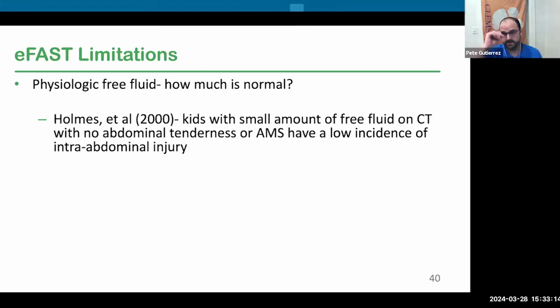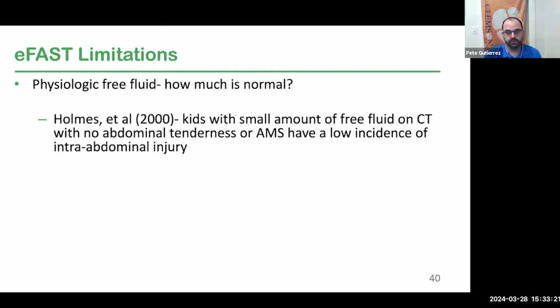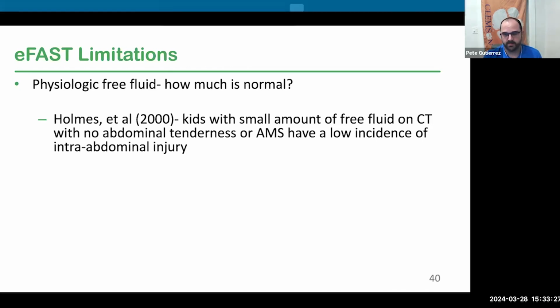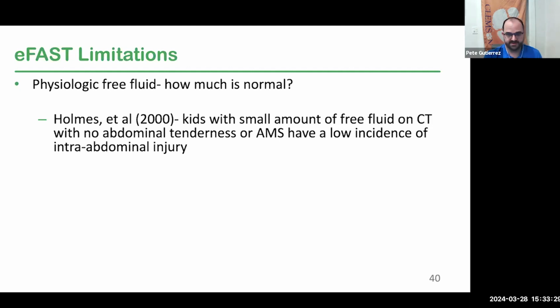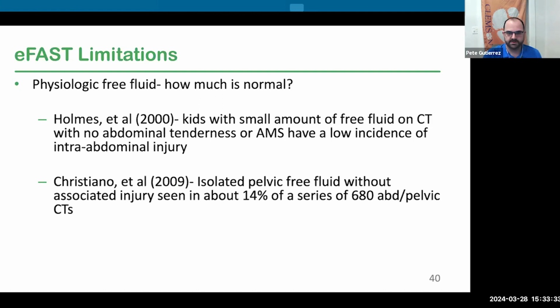Holmes back in 2000 did this study looking at kids with blunt abdominal trauma who had free fluid on CT, so not an ultrasound, but who had a normal abdominal exam and no altered mental status, so you could trust their exam. They had a very low incidence of intra-abdominal injury.